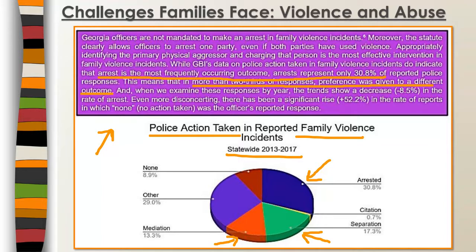And when we examine these responses by year, the trend shows a decrease of 8.5% in the rate of arrest. Even more disconcerting, there's been a significant rise, 52.2%, in the rate of reports in which no action taken was the officer's reported response.